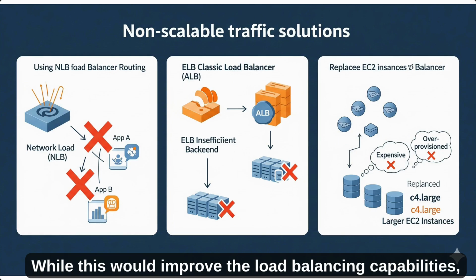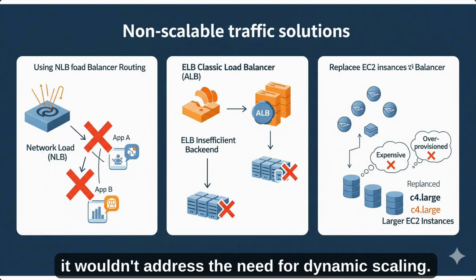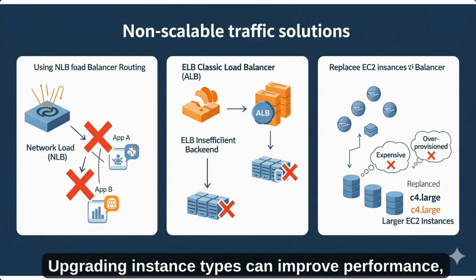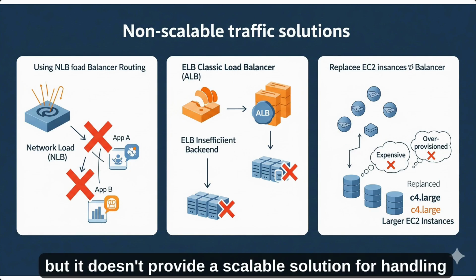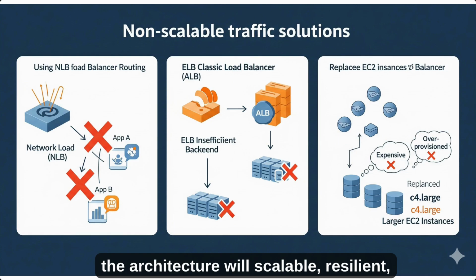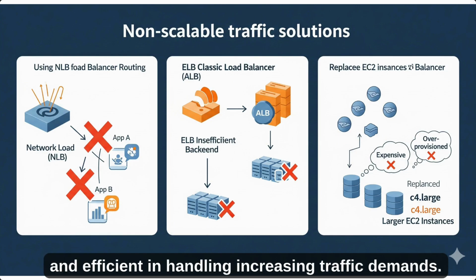While this would improve the load balancing capabilities, it wouldn't address the need for dynamic scaling. Replace EC2 instances with C4.large instances. Upgrading instance types can improve performance, but it doesn't provide a scalable solution for handling fluctuating traffic. By implementing these changes, the architecture will be more scalable, resilient, and efficient in handling increasing traffic demands.